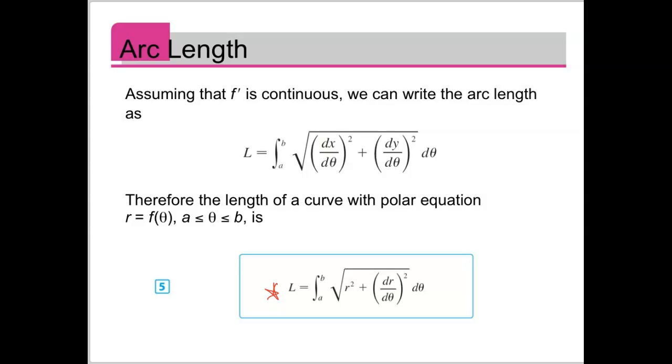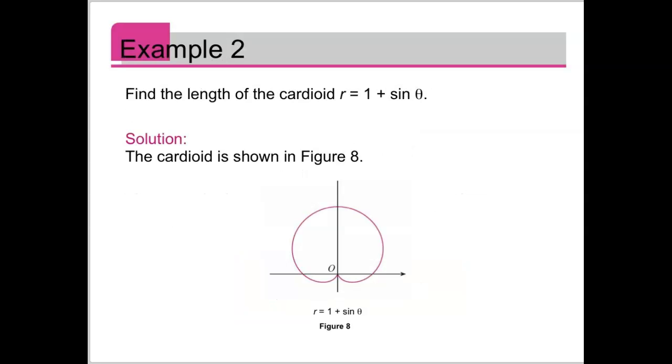All right, so let's do an example of how we would find arc length. We're going to go back to our old friend, the cardioid, which is just 1 plus sine theta. And so all we have to do is apply that formula to finding the arc length. So length equals integral from a to b root r squared plus dr d theta squared d theta.